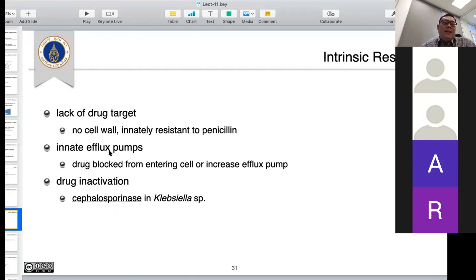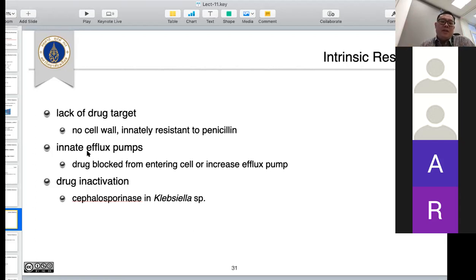Or they generate the efflux pump. Okay, an efflux pump is a type of membrane protein that pumps drug outside of the cells. Even if the drug goes into the bacterial cells quite a lot, the rate of pumping the antibiotic out is quicker than the effect of the drug.